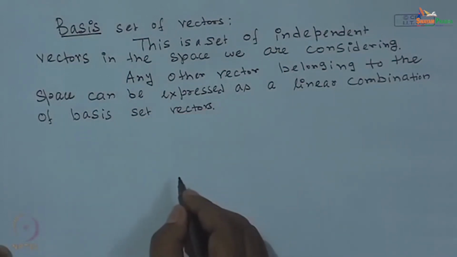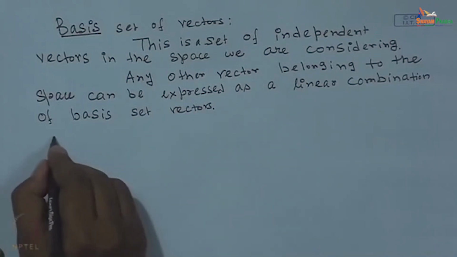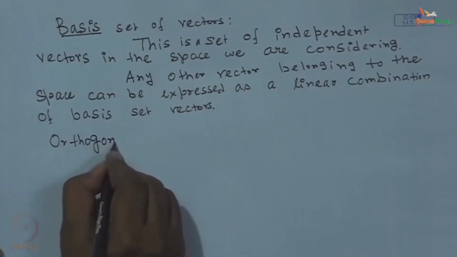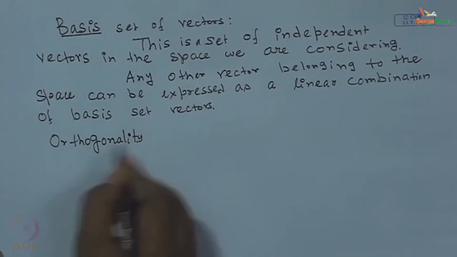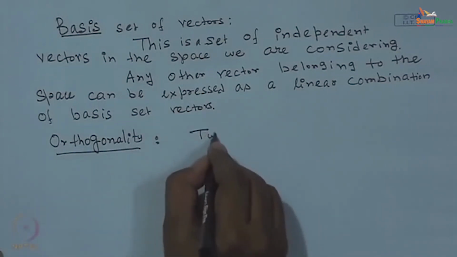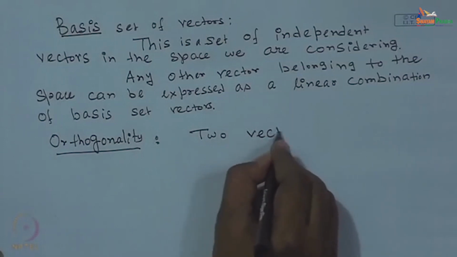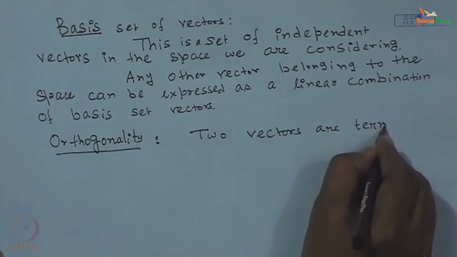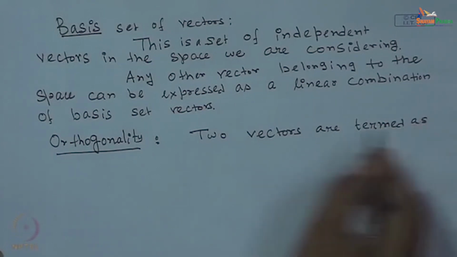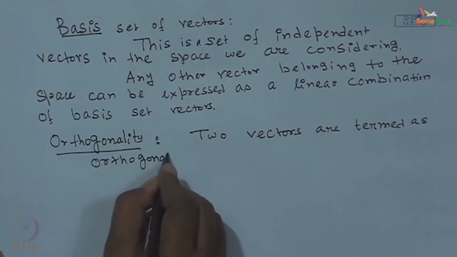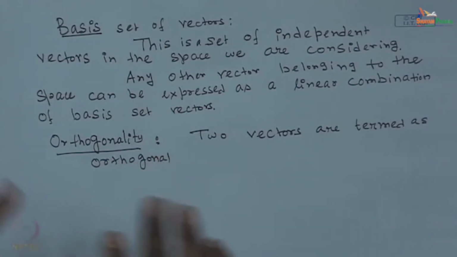Then we talk about some of the important properties called orthogonality of vectors. Two vectors are termed orthogonal if they are perpendicular to each other.